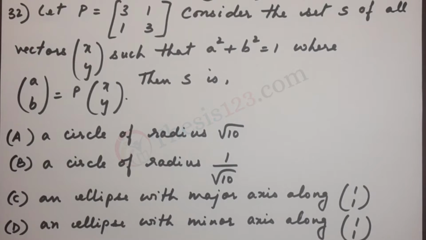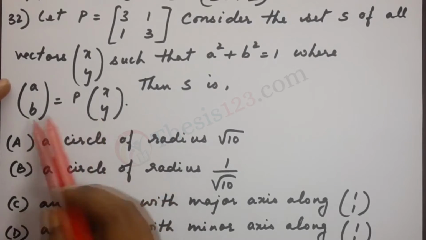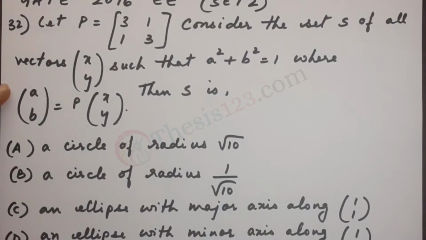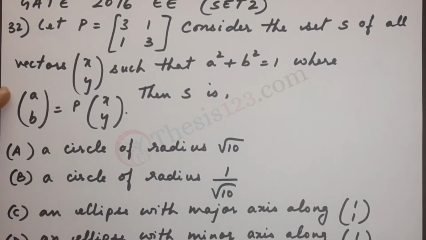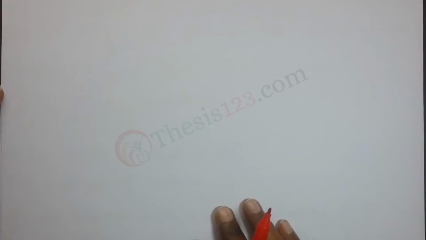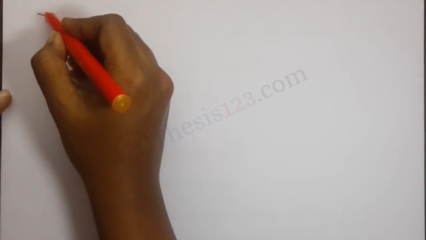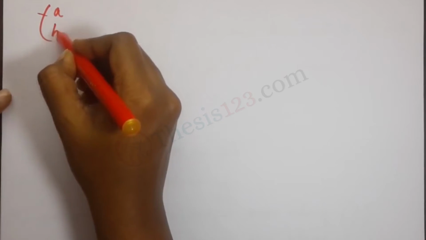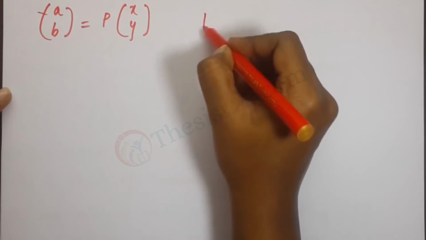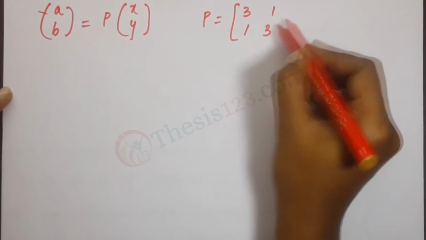So the first thing we need to do is analyze the expression given here, a, b equals P into x, y. Since there's no space here, I'm just going to write it down on another sheet of paper. Right, okay. So we have a, b is equal to P x, y given, and P is given as 3, 1, 1, 3.